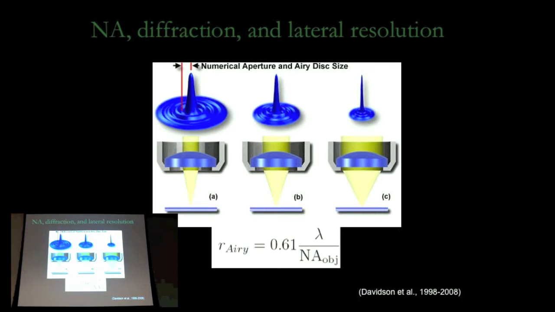The Airy disk size is the distance between the peak and the first minimum, and that defines the resolving power of the objective. You can see that as the numerical aperture increases, the size of that diffraction disk gets smaller and smaller.